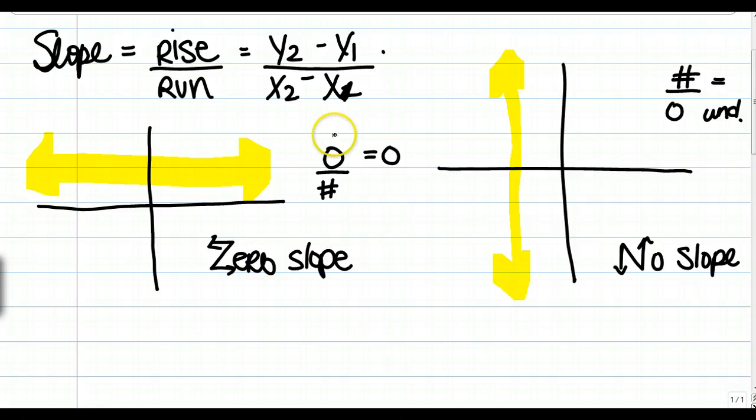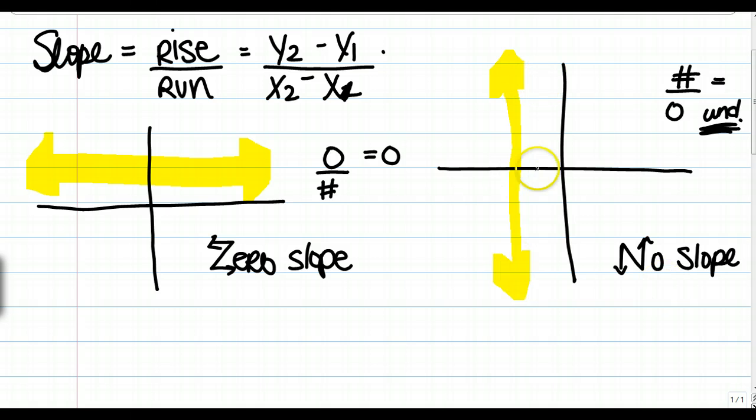You also know that if you ever plug in points and you get 0 divided by a number, your answer is 0, so your slope would be 0. You have something called no slope, and that would be a vertical line. And if you plugged in points and you got a number divided by 0, you know that that's undefined, which means you have no slope.